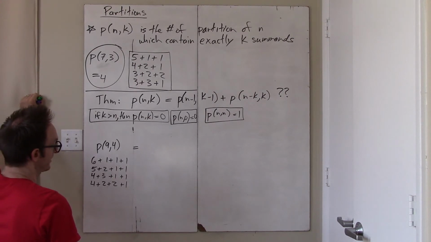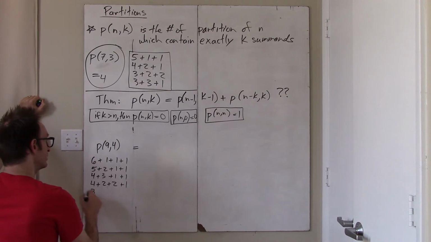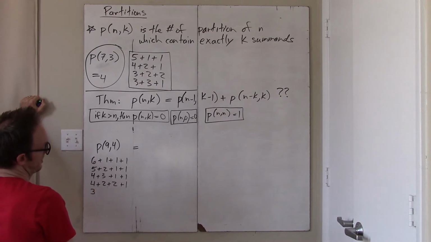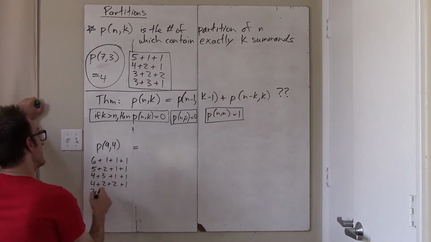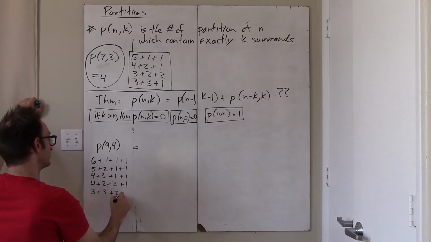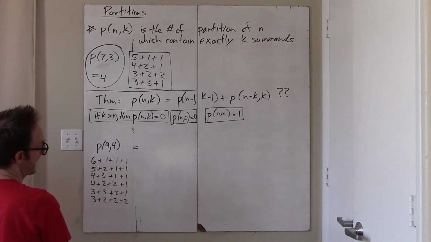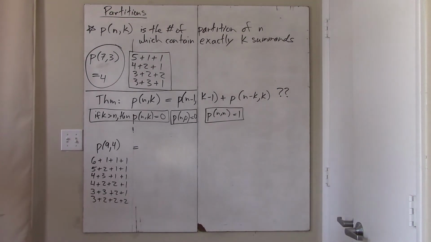Those are the only ones where the biggest number is 4, I believe. And then you could do 3 plus 3 plus 2 plus 1, or 3 plus 2 plus 2 plus 2. And there's no more fair way of doing it, so that is good. We got the 6, so that seems right.